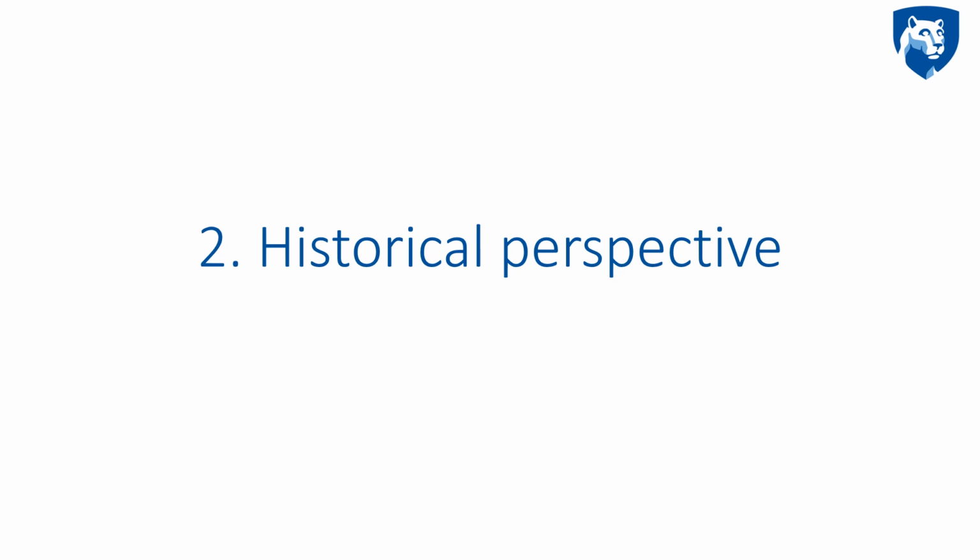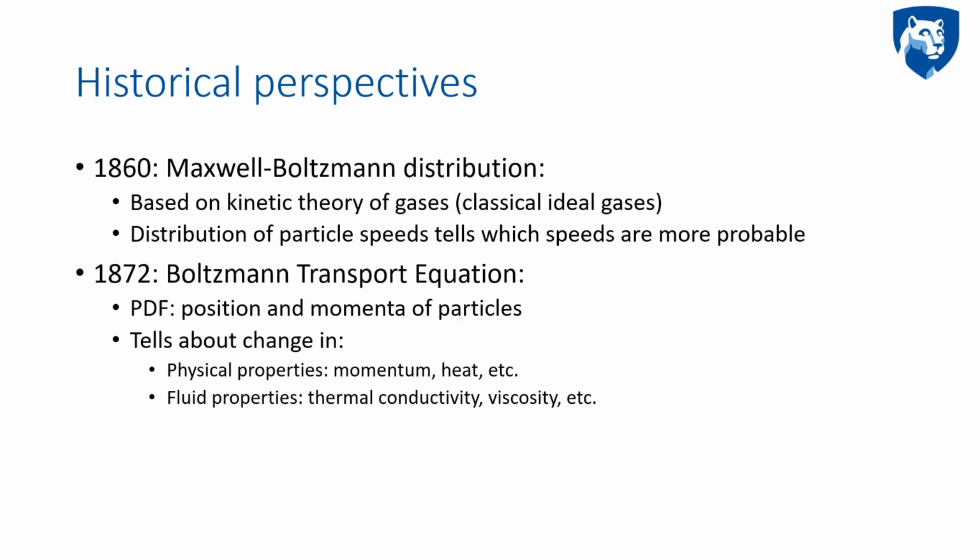Now I'll talk about some historical background starting from 1860, when we had the Maxwell-Boltzmann distribution, which was based on the kinetic theory of gases, primarily classical ideal gases. And this basically tells us that the distribution of particle speeds tells us about the speeds which are more probable.